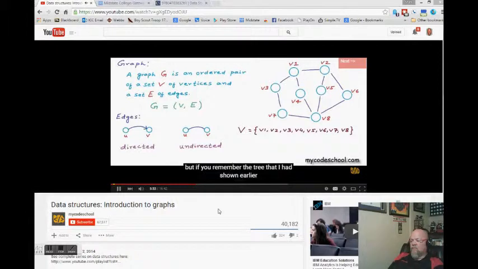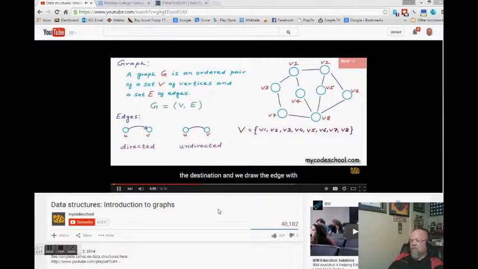But if you remember the tree that I had shown earlier, then we had directed edges in that tree. With this directed edge that I'm showing you here, we are saying that there is a link or path from vertex U to V, but we cannot assume a path from V to U. This connection is one way. For a directed edge, one of the endpoints would be the origin and the other endpoint would be the destination.